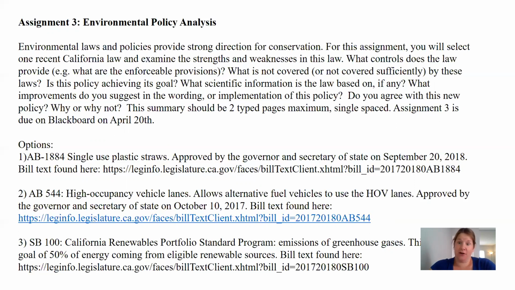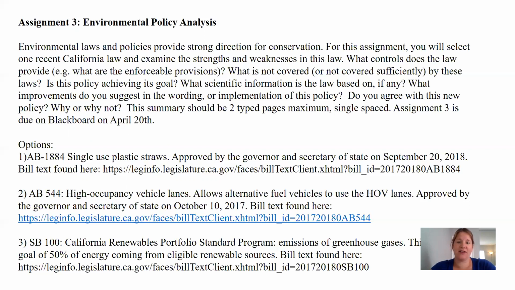What is not covered, or not covered sufficiently, by these laws? Is this policy achieving its goal? And then, connecting the science and the policy parts of this course, what scientific information is the law based on, if any? What improvements do you suggest in the wording or implementation of this policy? And do you agree with this new policy?